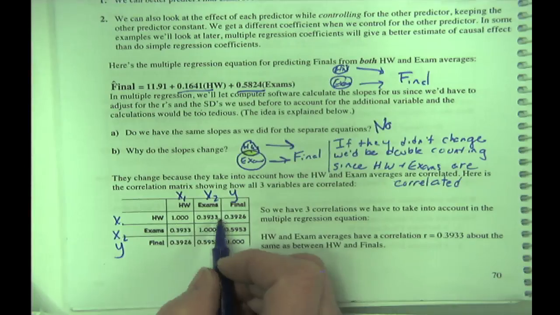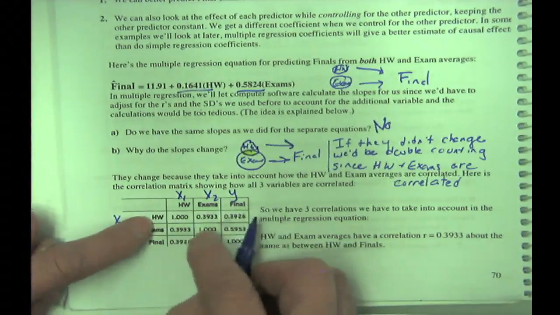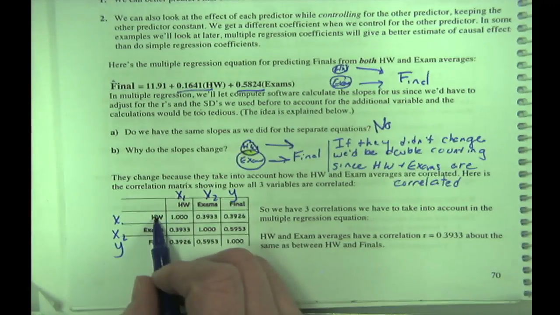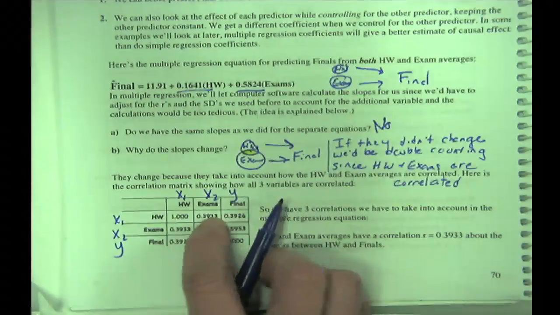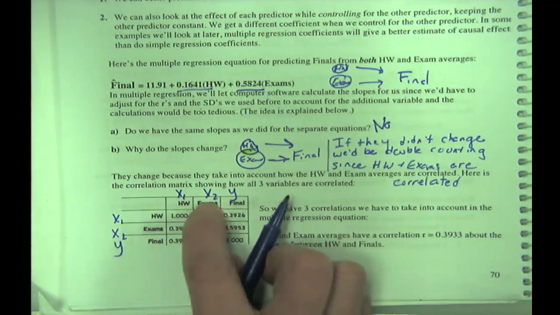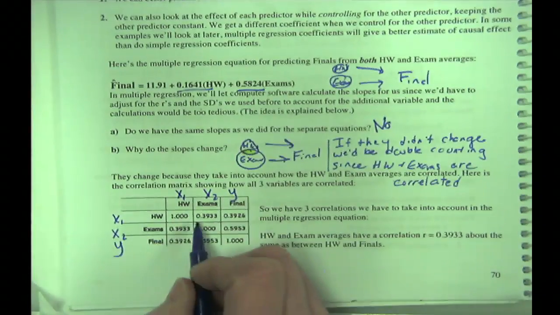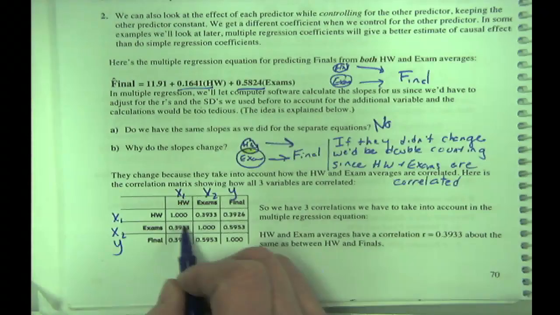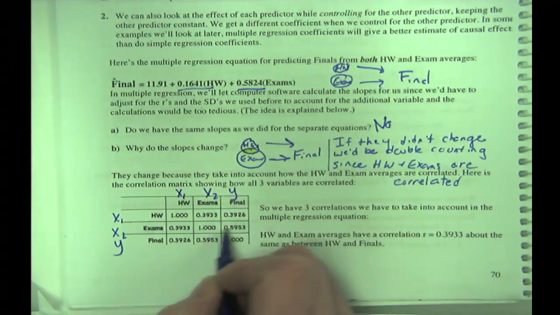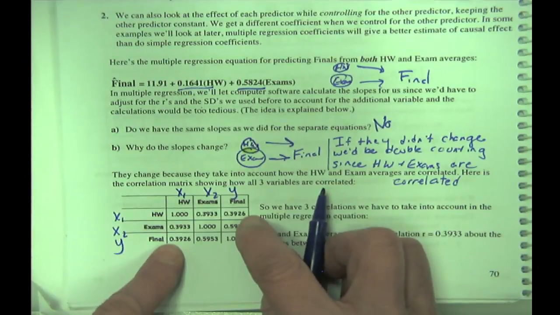And now it's totally symmetrical. Why? Because here's the correlation between homework and exams, that's between your two x variables. The x1 correlation with x2 and x2 with x1 are symmetrical across here, because they're the same variables.